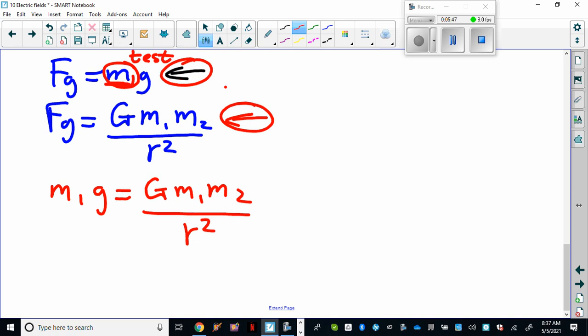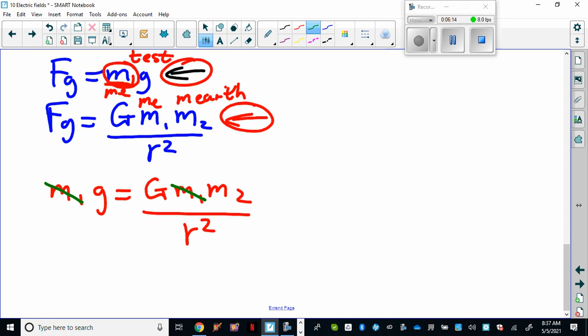So this would be me, and then this would be the mass of the Earth. And so what happens when we combine those formulas is this: the test mass that you're using, so if, for example, I'm trying to find the mass of the Earth and I use myself as the test mass, cancels out, which is a great thing.